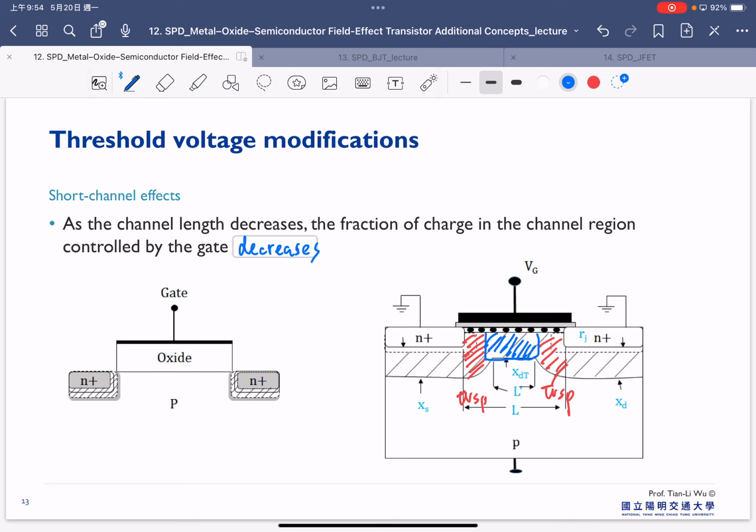So the inversion cannot be fully controlled by the gate at this moment.